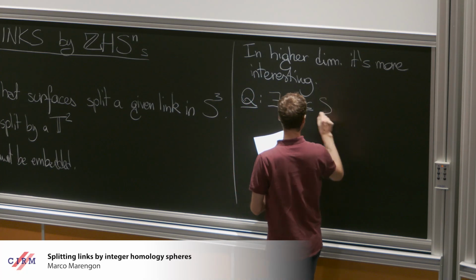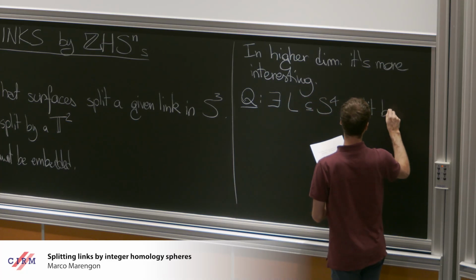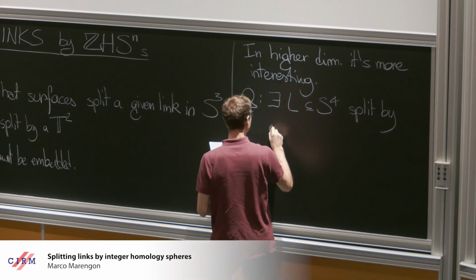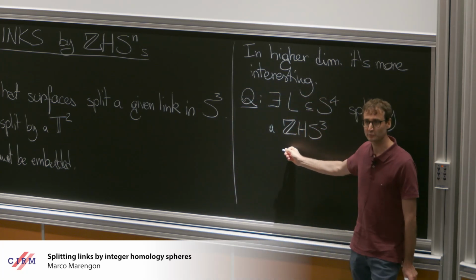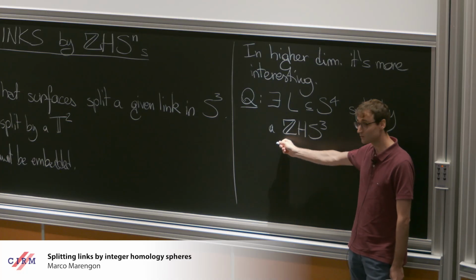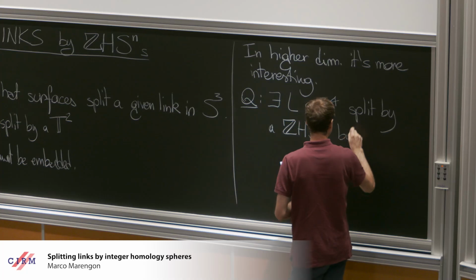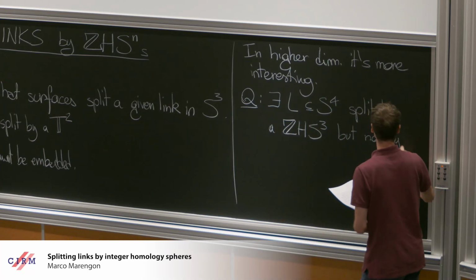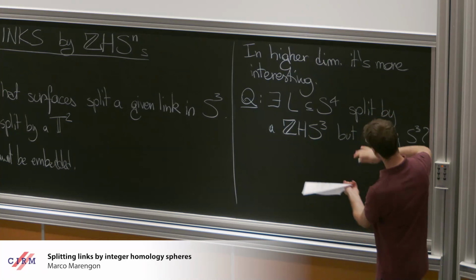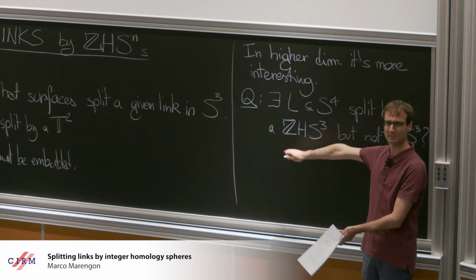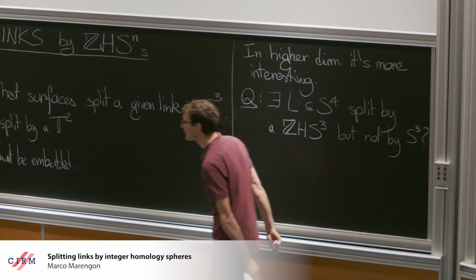Is there a link in S4 that is split by an integer homology sphere? This is my notation for a three-manifold with the same integer homology as S3. But not by the standard S3. So it's something that is not split by S3, but something that looks like S3. At least on the homology, it's essentially S3.